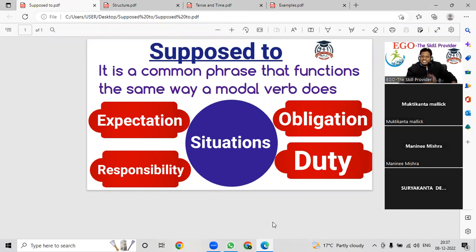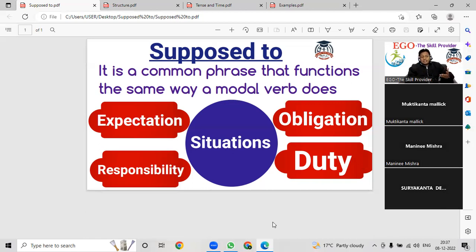If I ask you, sir, what is the modal verb you can use for expectation? You can use should. What is the modal verb for responsibility? You can use should. Duty, also you can use should. And obligation, you can use must or have to. So this is always a confusing stage.